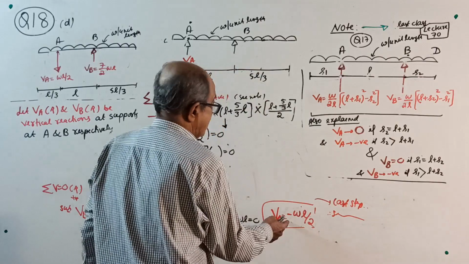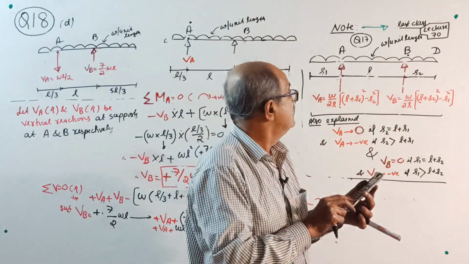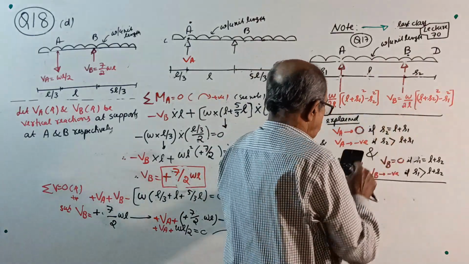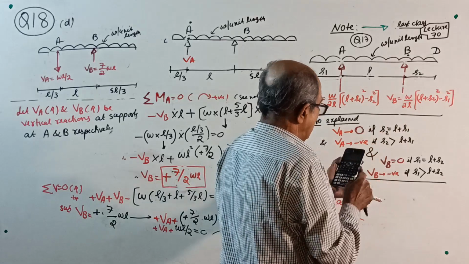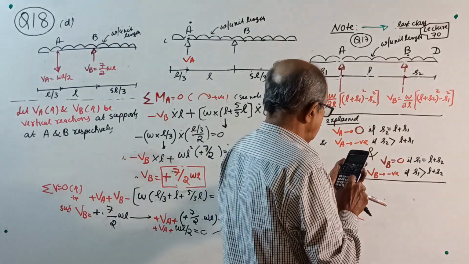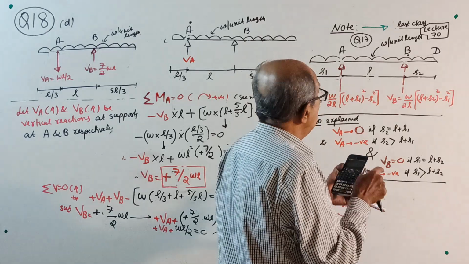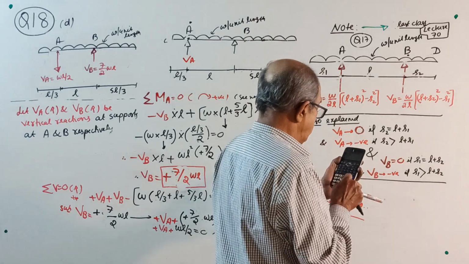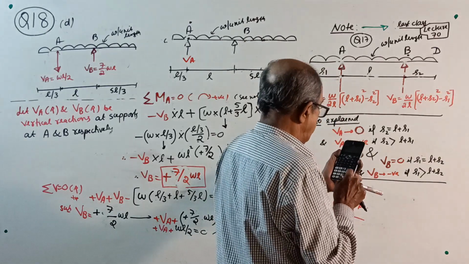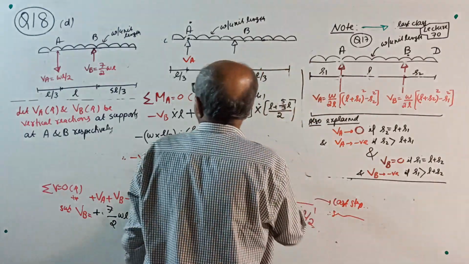And that reaction, next time onwards, you check it. L is 1, because L goes outside. L plus S2. S2 is how much? Plus 5 by 3. That square, no, 1 plus 5 by 3, that square minus S1 square, 1 by 3 square, divided by 2. It is plus 7 by 2. Yes, plus 7 by 2 WL.